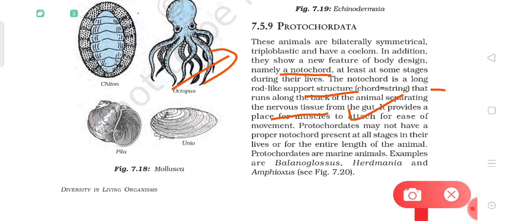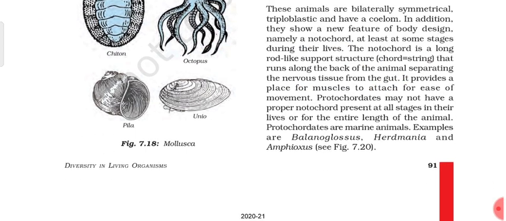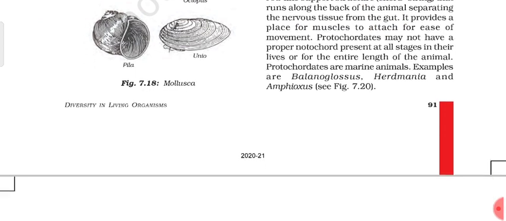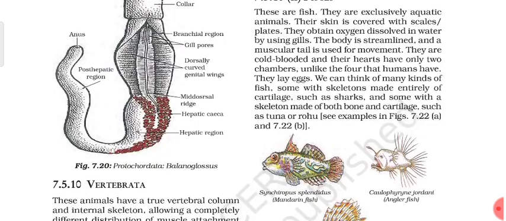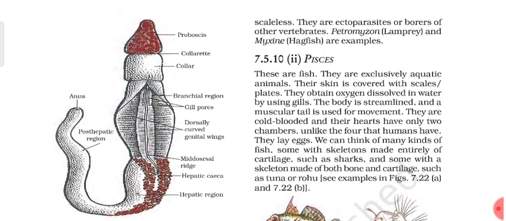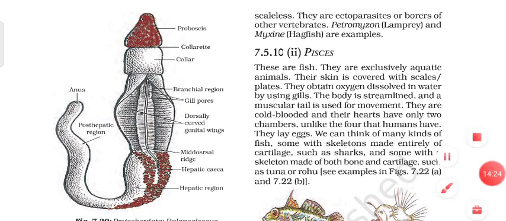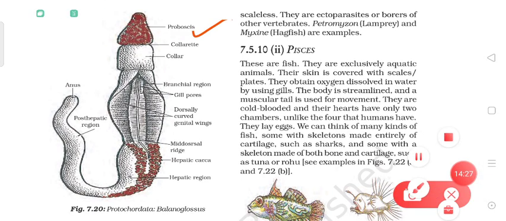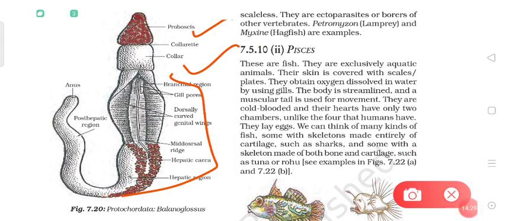So protochordates are always marine animals, and their examples are Balanoglossus, Herdmania, and Amphioxus. Here you can see a protochordate, Balanoglossus, shown here. As you can see, the body is divided into three parts: proboscis, collar, and this whole part is called the trunk.